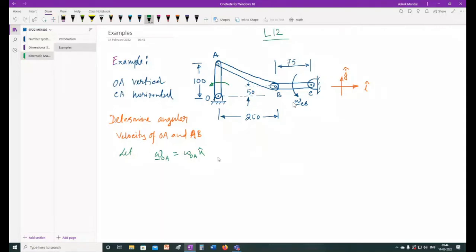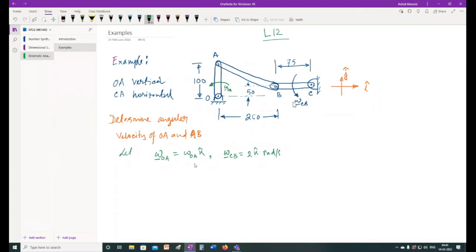Then we call this omega OA vector. Similarly, you can define this vector omega CB. This is omega CB, which is given here as 2k radian per second.